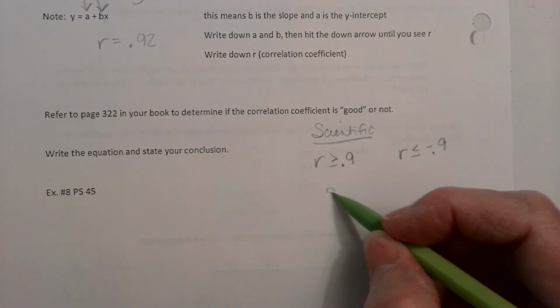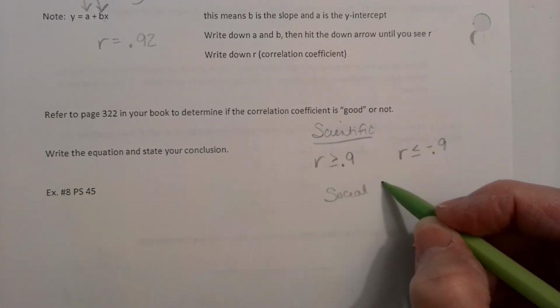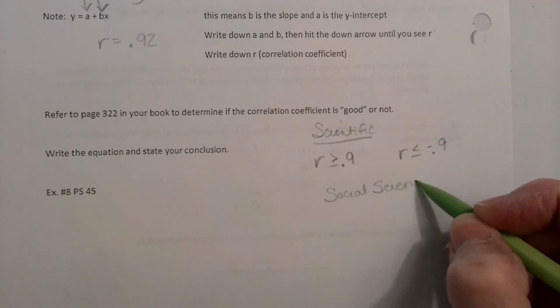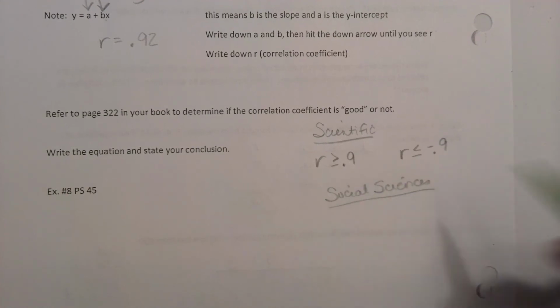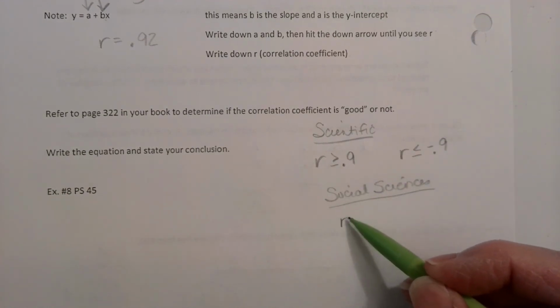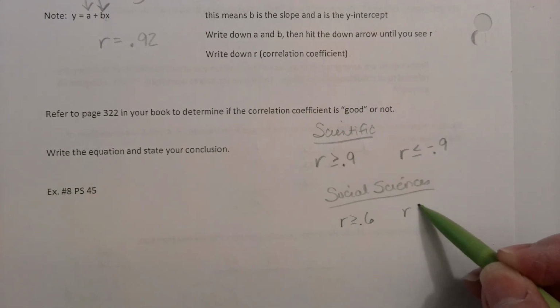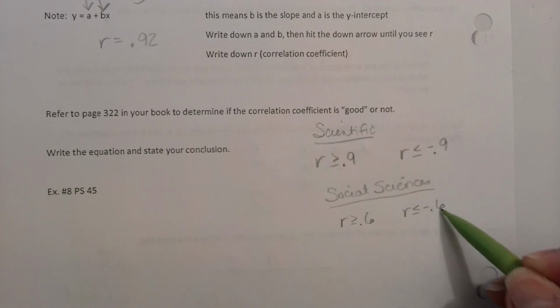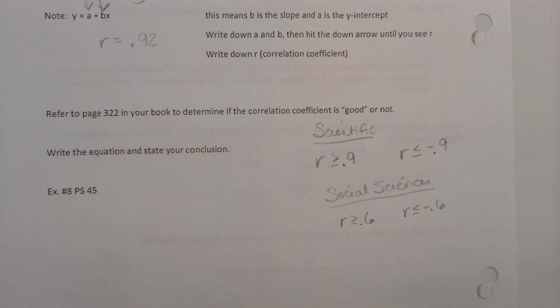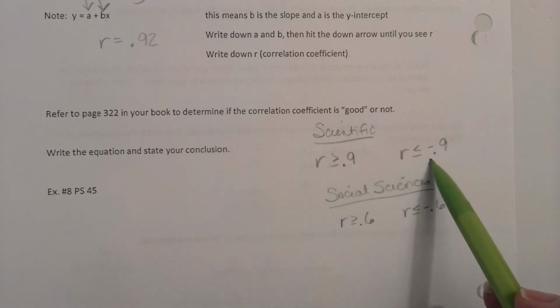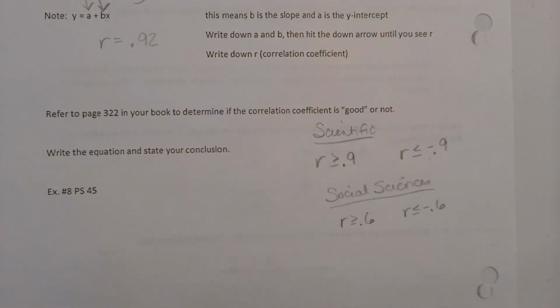But if it's social sciences, now that's like population, birth rates, things like that, if R is greater than or equal to 0.6, or if R is less than or equal to negative 0.6. Okay? So if it's in one of those ranges, this just means a positive slope and a negative slope. Then you just state whether it's good or bad. Okay? So follow the example on page 322.